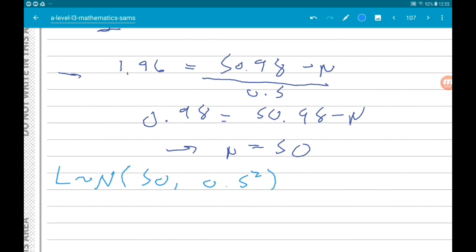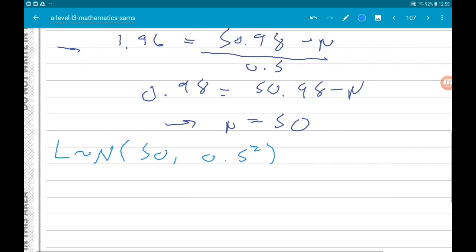So, now that we know the distribution, we can find the probability nice and easily using our calculators. So we now want the probability that L is greater than 49 but less than 50.75.